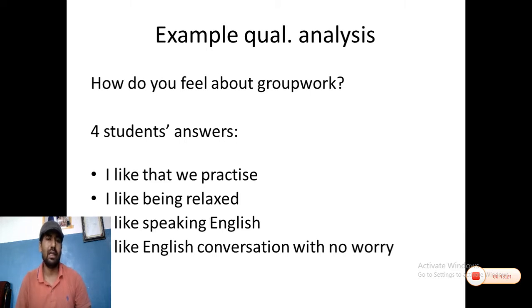Look at there, how do you feel about group work? That was the question she asked to the students, and 4 students' answers are listed over here. I like that we practice, I like being relaxed, I like speaking English, I like English conversation with no worry. So these 4 answers are first listed here under this question.